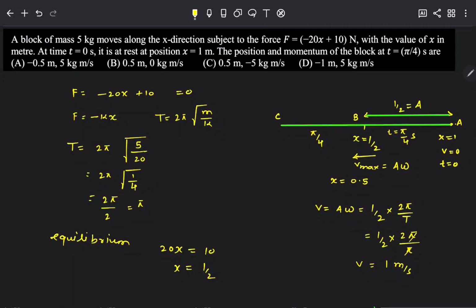And at this position the momentum p will be equal to mv, which will be mass 5 and velocity 1, so it will be 5, and it will be moving along the negative x direction, so the momentum will be minus 5 kg meter per second. So according to me the answer should be C, and this question is solved.